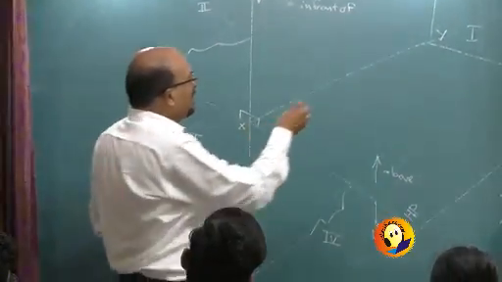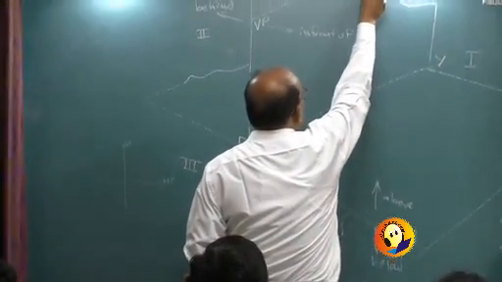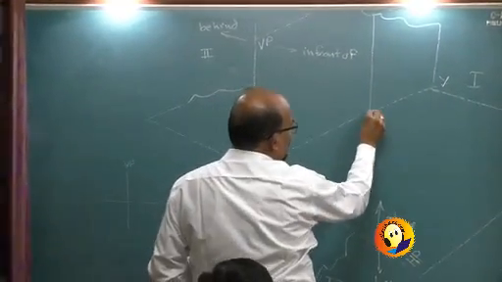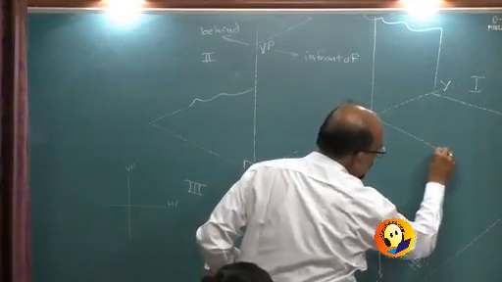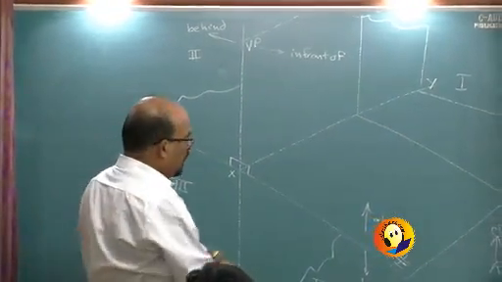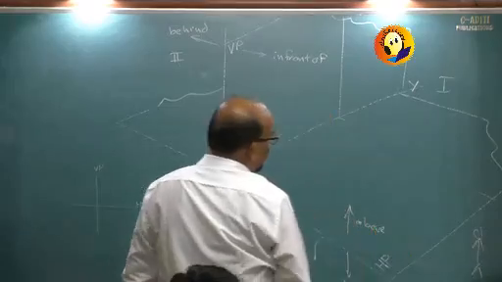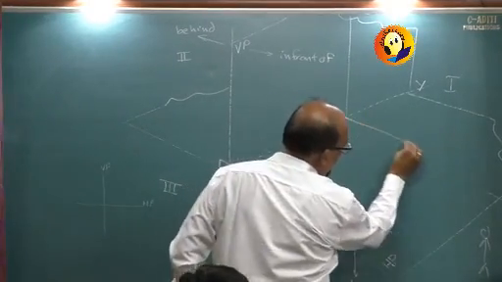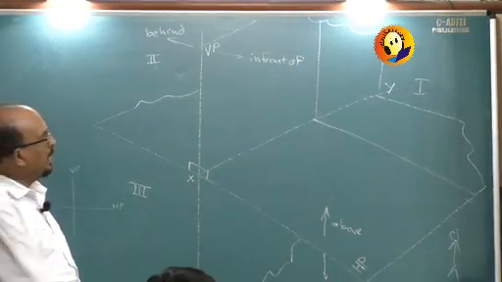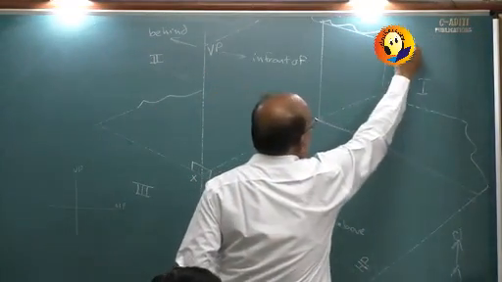I can even assume one more plane which is mutually perpendicular to these two, which is mutually perpendicular to horizontal plane and vertical plane, and that plane is something like this.